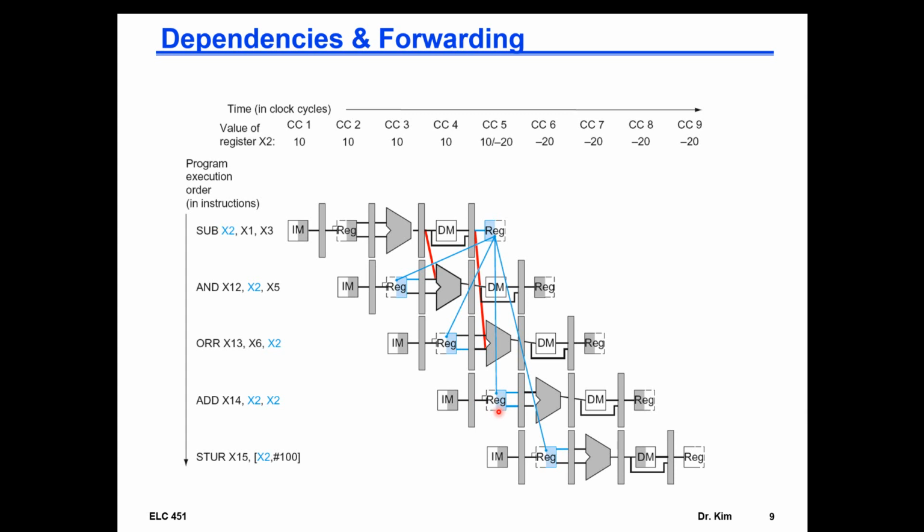Okay? But by the end of the cycle, we are going to have the right values. And when we go into the next clock cycle for the execution of this add instruction, we are going to have the right value of register 2.